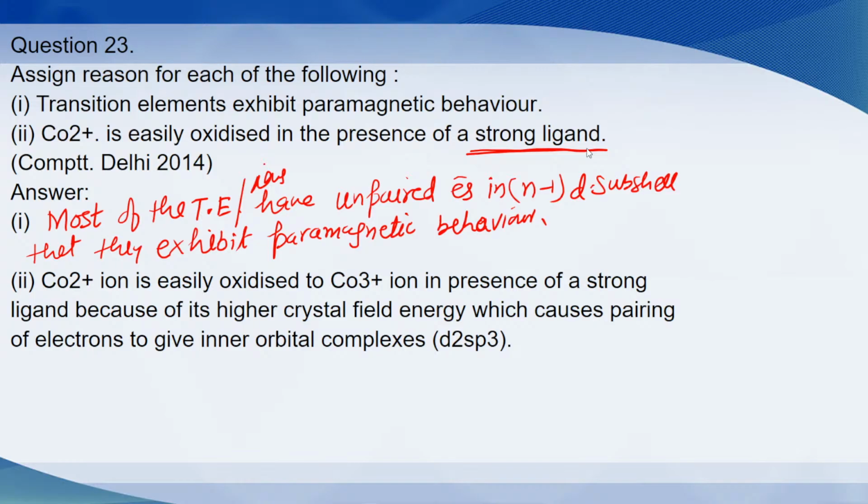But anyhow, d and f block and coordination compounds are interconnected. So a few of the concepts of this chapter can be explained if we know the splitting of d orbitals, especially in octahedral field.